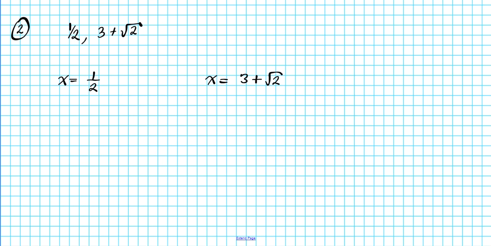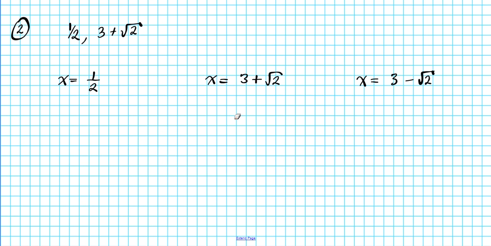So what does that mean? That means that another zero that's implied to exist based on the existence of this root is x equals 3 minus root 2. Okay? So these are the 3 zeros that the polynomial function should have.